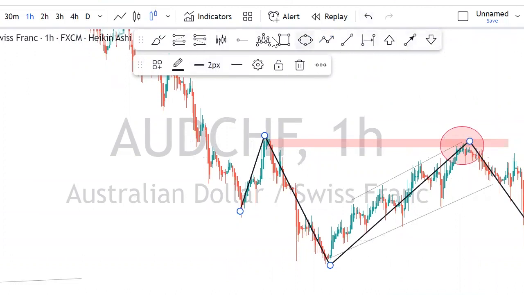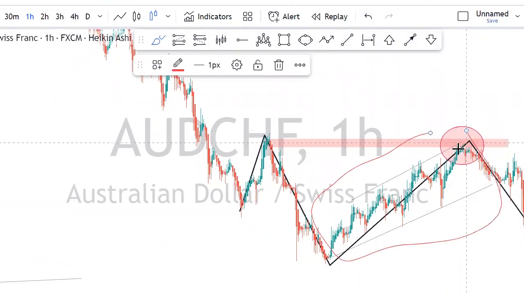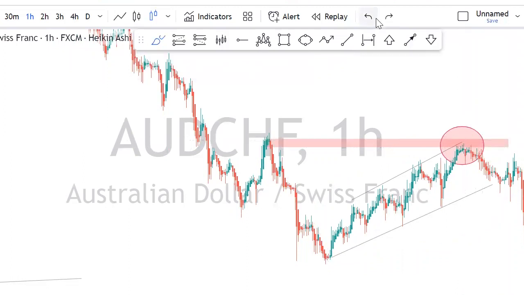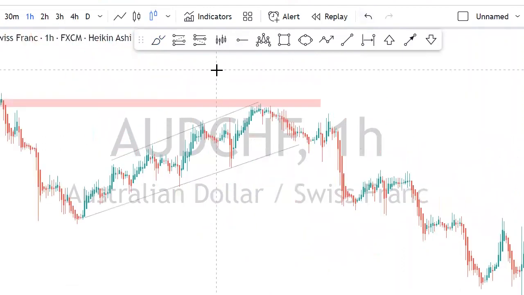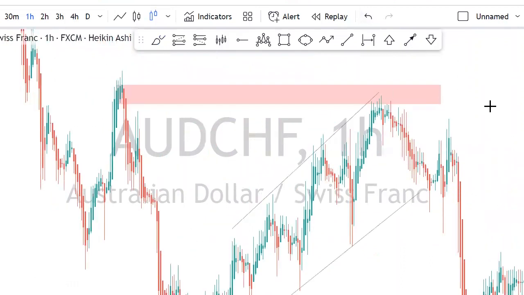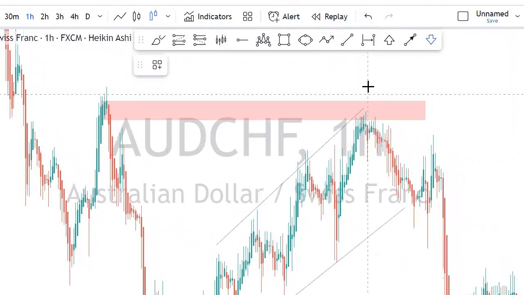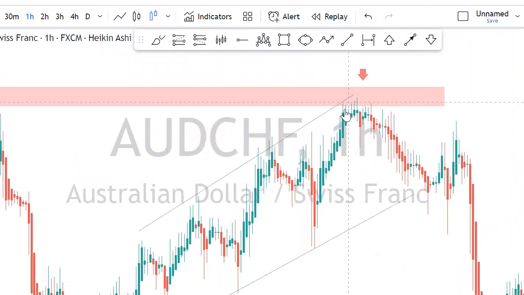And this whole structure right here, going to the second leg of the double top, is confirmation that okay, we are continuing to the downside. So we would have paid attention to how the price behaves once it reaches this resistance. In this case, the price didn't break the zone, which was good for us, knowing that it respected it and it's going to continue to the downside.